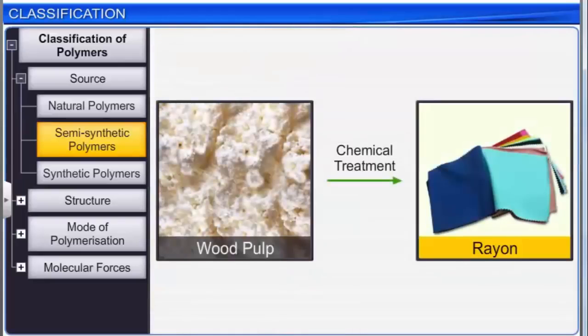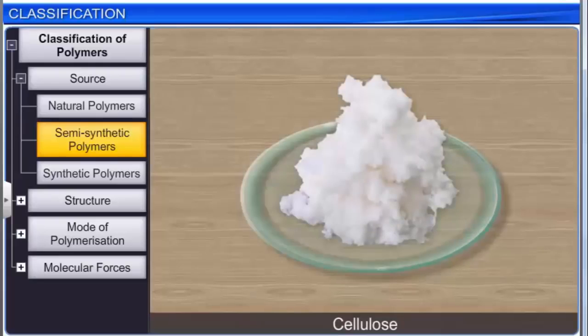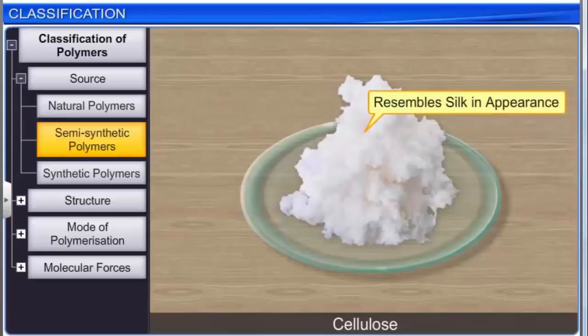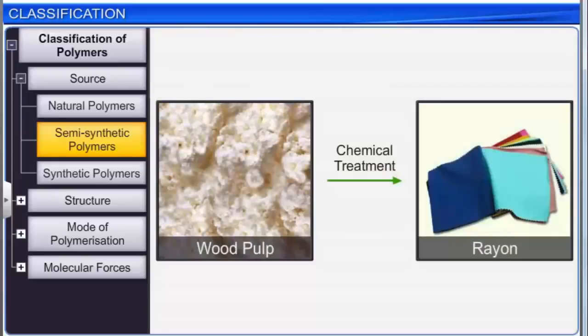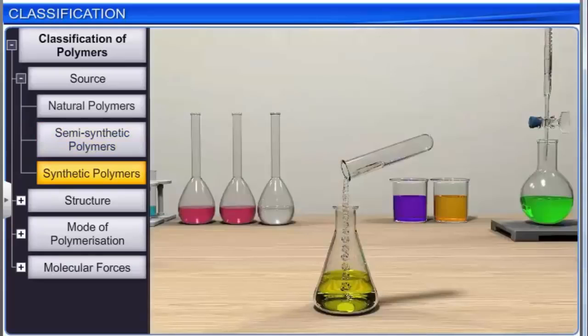Note that rayon obtained by the chemical treatment of wood pulp, which contains a natural polymer, cellulose, resembles silk in appearance. Hence, it is also referred to as artificial silk. Synthetic polymers are prepared in the laboratory.